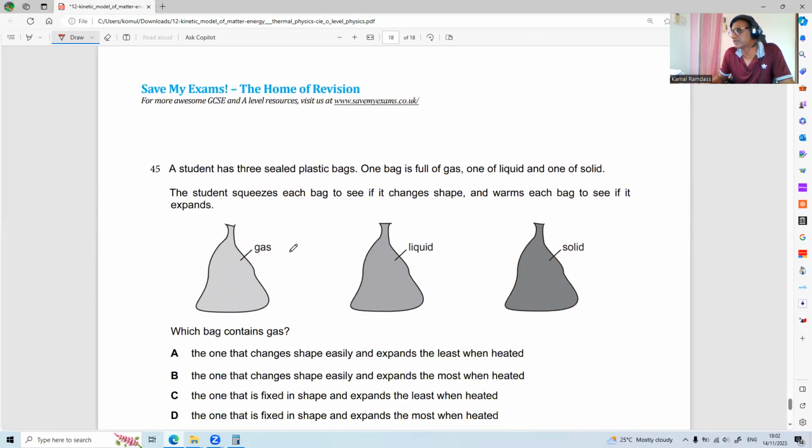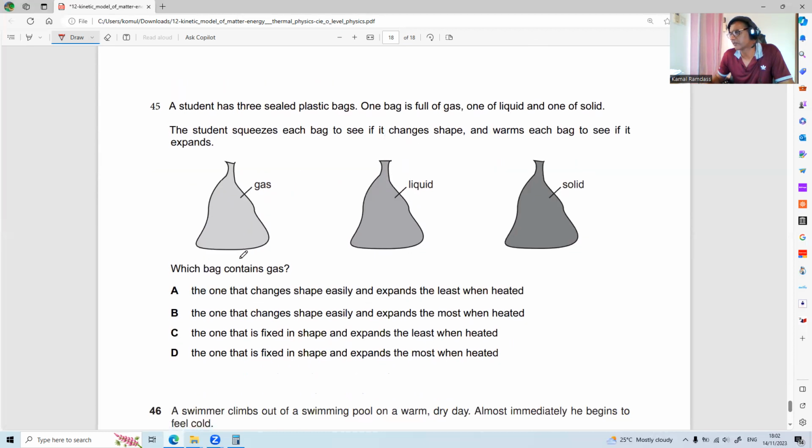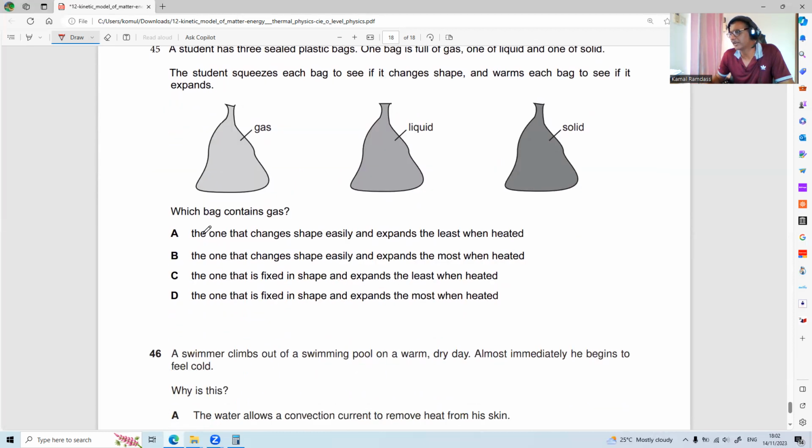A student has 3 sealed plastic bags. One bag is full of gas, one of liquid, and one of solid. The student squeezes each bag to see if it changes shape and warms each bag to see if it expands. Which bag contains gas? The one that changes shape easily and expands the least when heated?